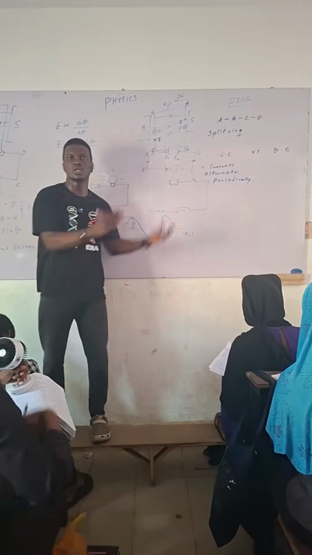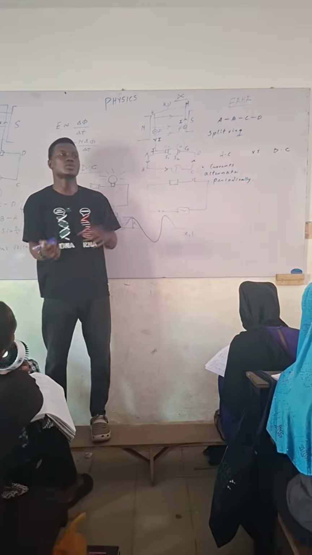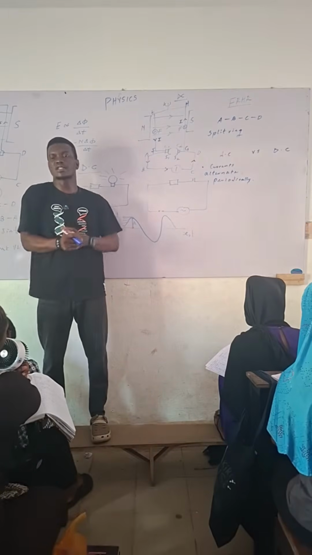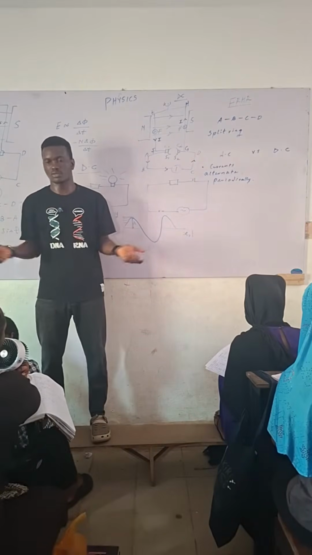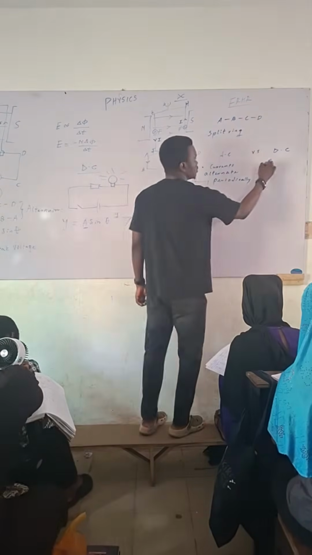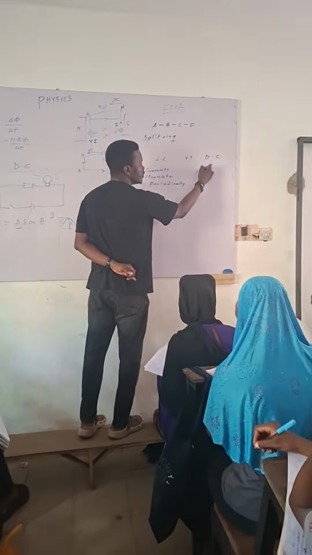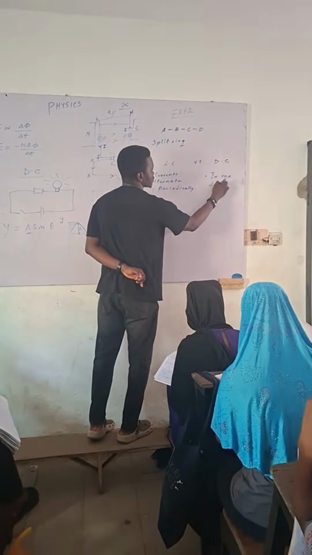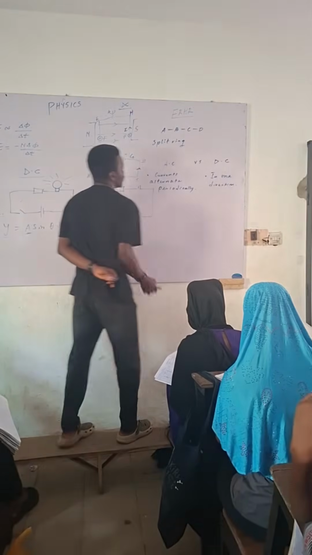It's going forward and backward, forward and backward. So it keeps changing periodically. Or they can tell you that the current can move in both directions. But for DC, current only moves in one direction. Is that taken?